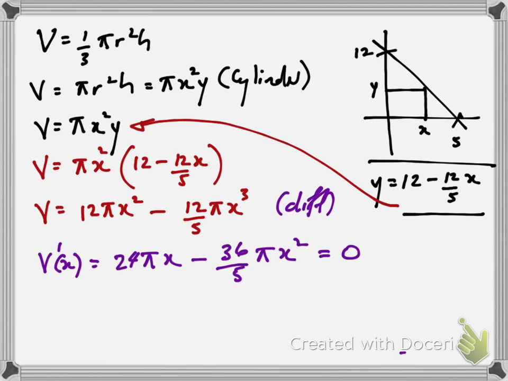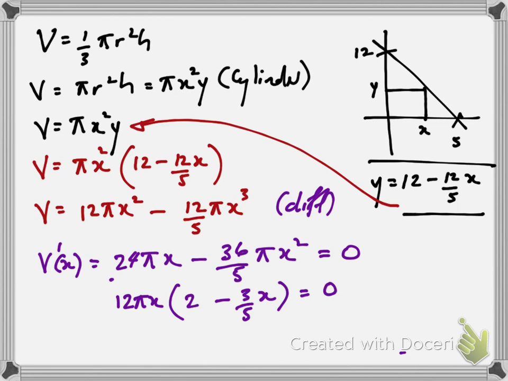Okay, so what we do next is, I can see 12 pi x is common, so you can go 12 pi x times (2 minus 3 over 5x) equals 0. So 12 pi x equals 0, so x equals 0, and then 2 minus 3 over 5x equals 0.